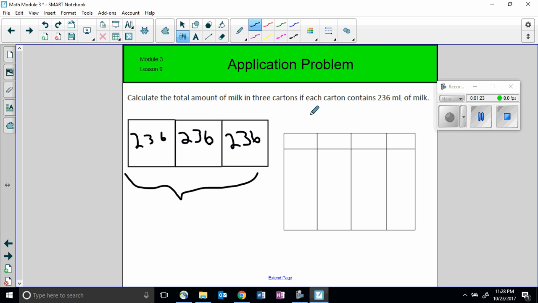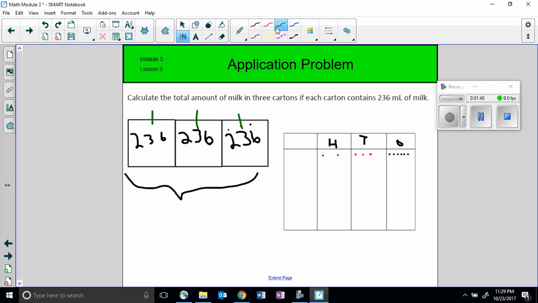So I'm going to do my ones, tens, hundreds columns. I'm going to put 1, 2, 3, 4, 5, 6 for my ones. I'm going to put 1, 2, 3 for my tens. And I'm going to put 1, 2 for my hundreds. How many groups do I have?